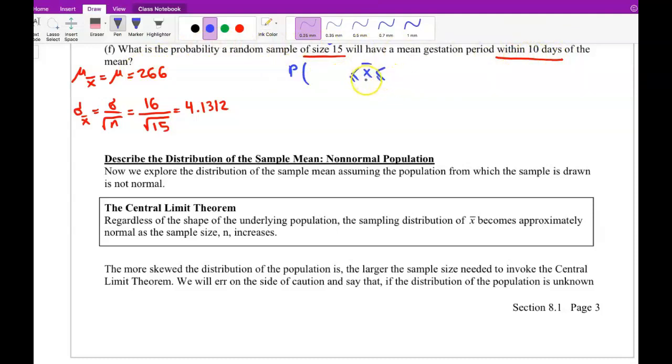What that means, the mean is 266, so on this side I want to add 266 plus 10 to have 276. On this side, 266 minus 10, so here is 256. So I'm using 256 and 276.